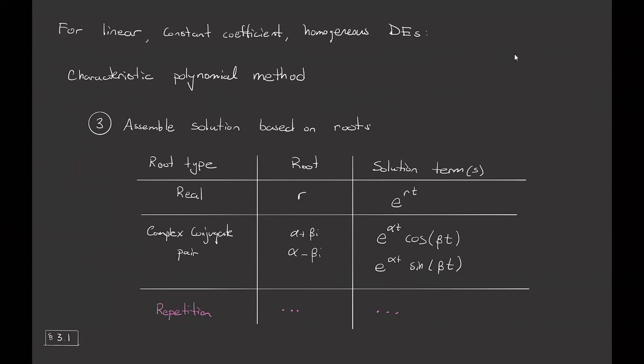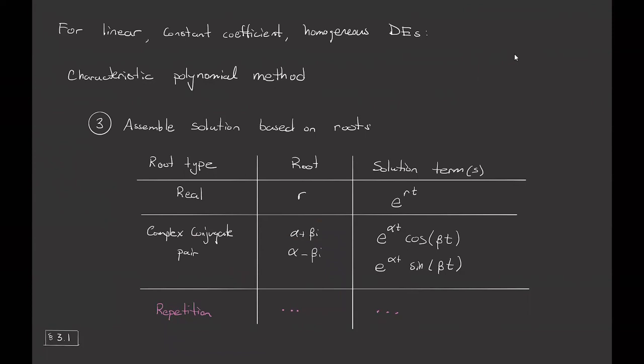You'll never have, for example, just 2 plus 3i as a root. You would also have to have 2 minus 3i. They just always come together. I'm not sure if that's difficult to show for a general polynomial. Maybe that wouldn't be difficult to show, but it happens to be true.